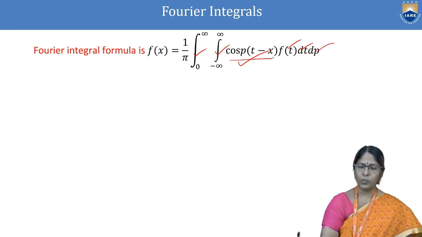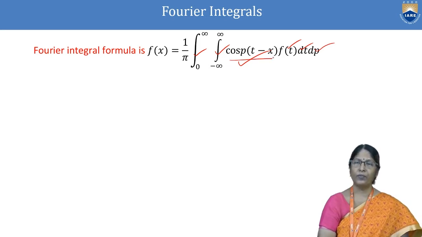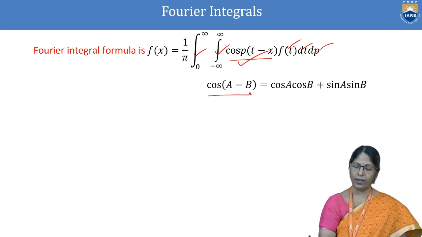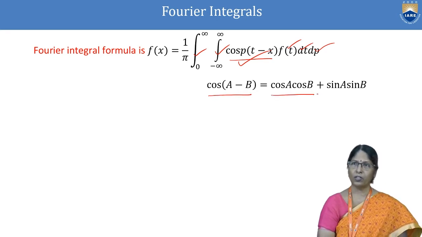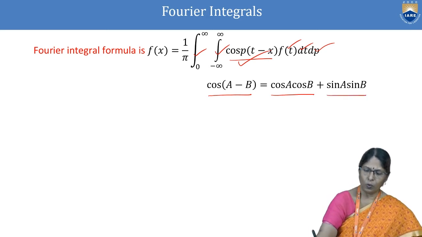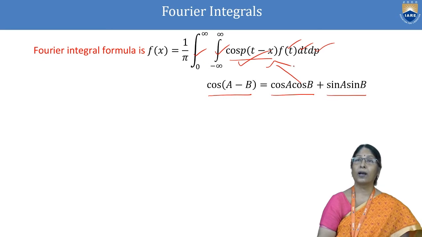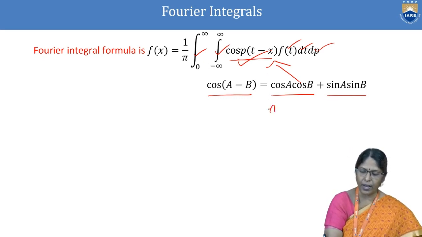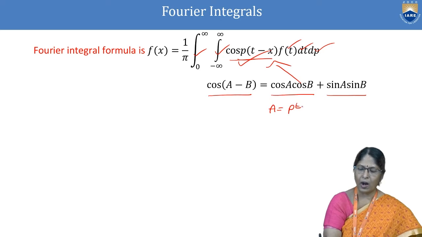This cos p of (t minus x) we are going to compare with the basic trigonometric formula, cos of a minus b is nothing but cos a cos b plus sin a sin b. Comparing with the formula, our a is pt and our b is px.